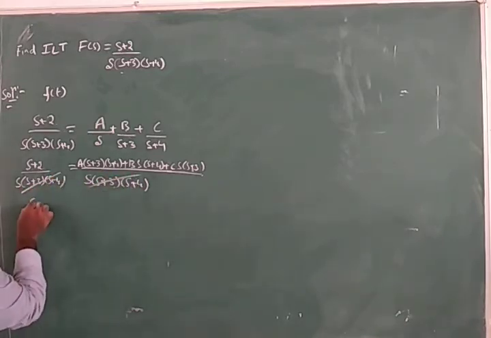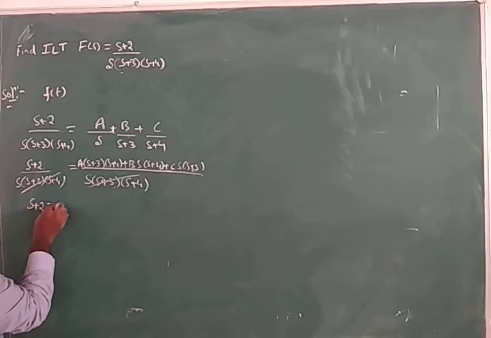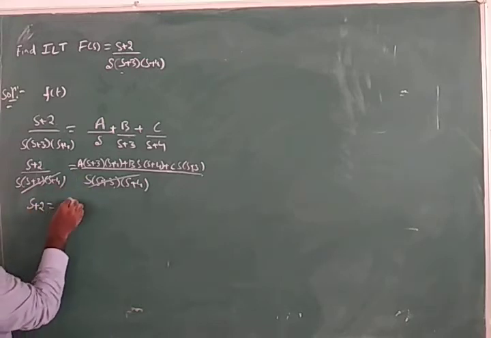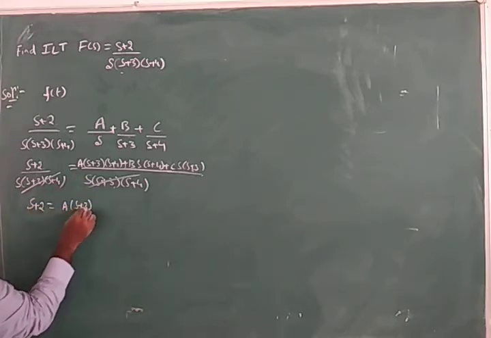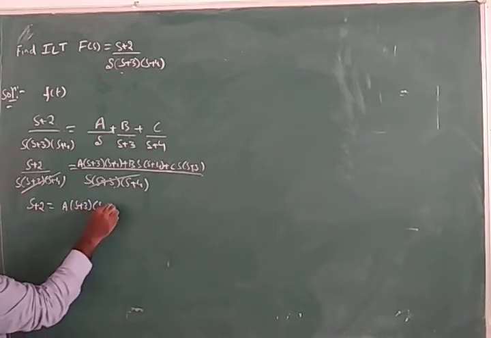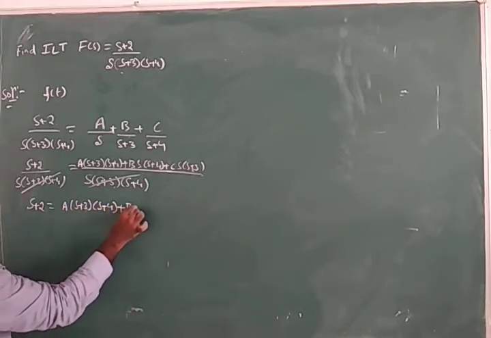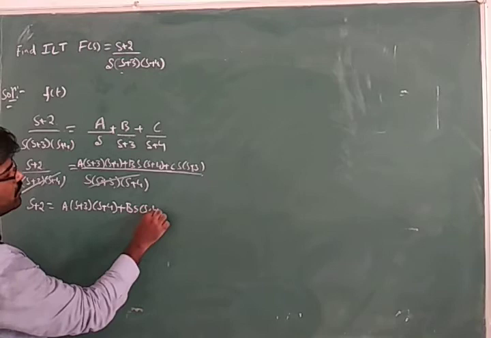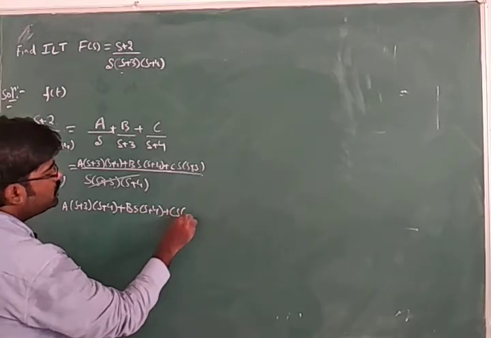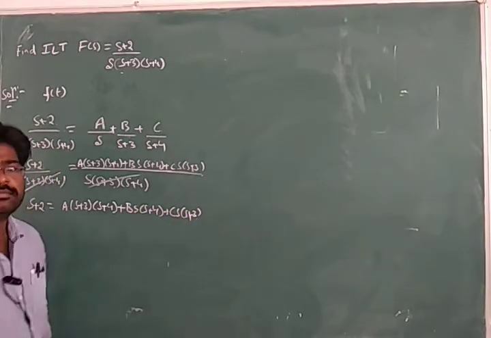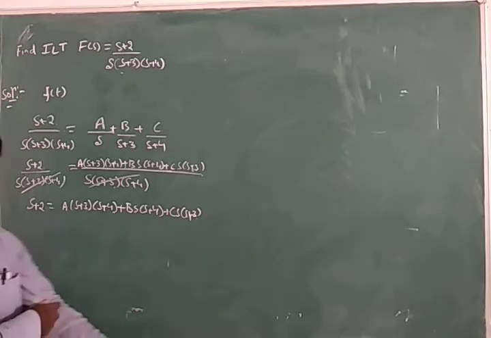What remains? s plus 2 equals A into (s plus 3)(s plus 4) plus Bs into (s plus 4) plus Cs into (s plus 3).